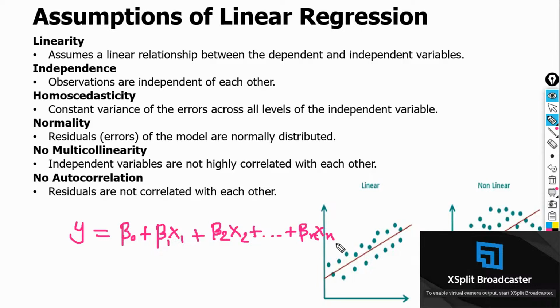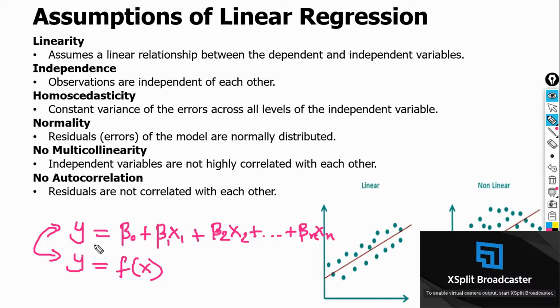I hope you are able to get the equation. This is the same as this. Both of them are same. But what I did in this line is I have elaborated the equation.